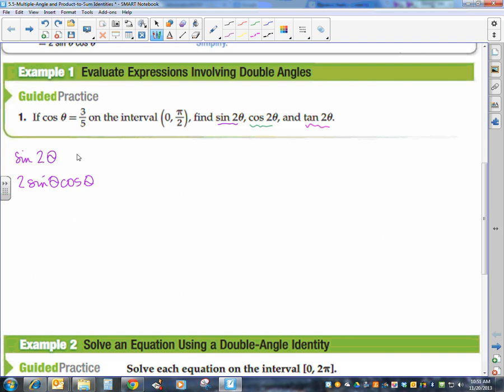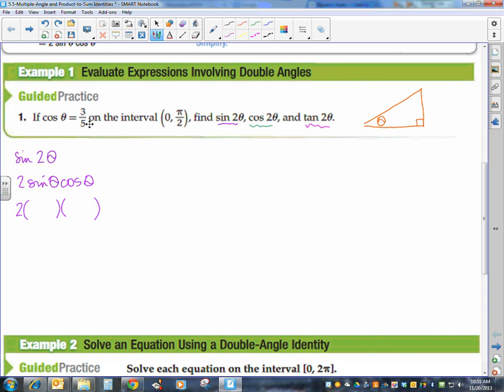Okay, so we probably need to go back because we're going to fill in for each of these: 2 times what's the sine, what's the cosine. So I need to come over here and actually draw this. So let's draw our triangle, and we have theta over here.